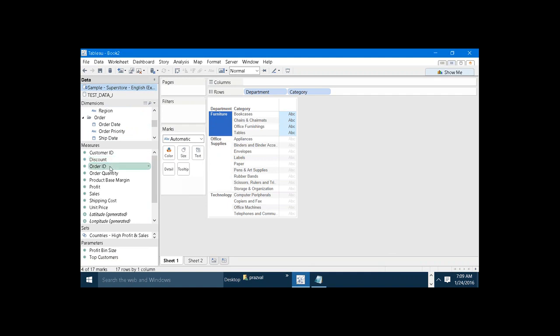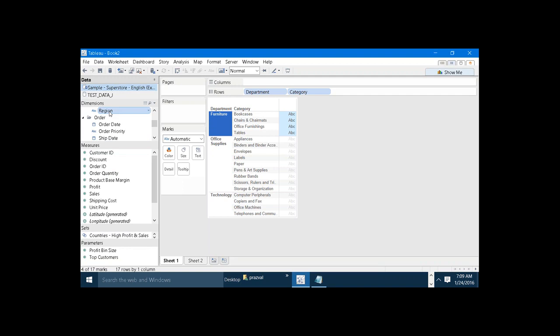Next, order ID. What about order ID? Order ID is also a foreign key. Next, order quantity. What about order quantity? So let's try to evaluate. On the order quantity, if we apply sum, it is going to give us the total order quantity. So the region-wise total order quantity, is it meaningful or not? Yes. And if we take average, the region-wise average order quantity, yes, it is meaningful.